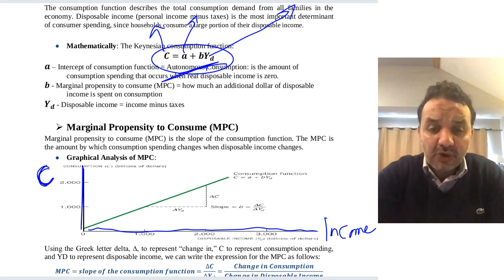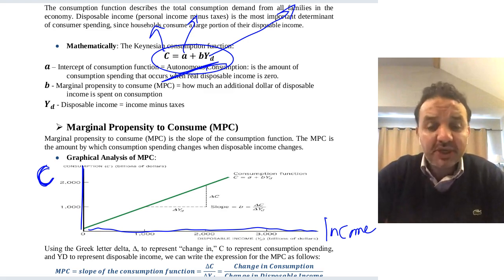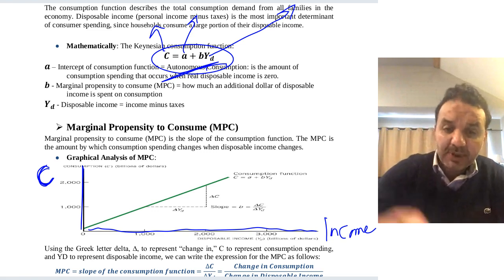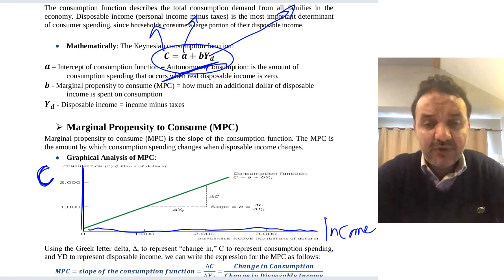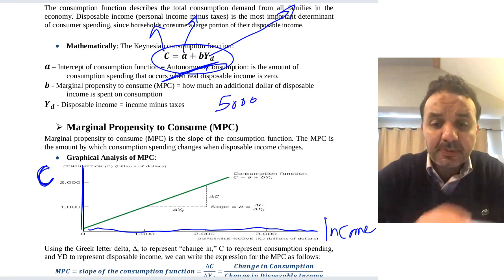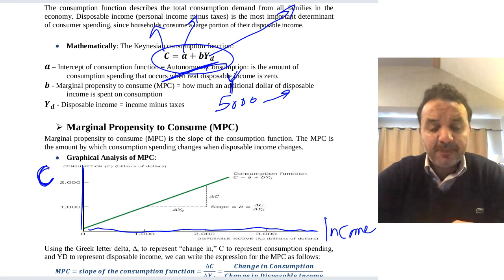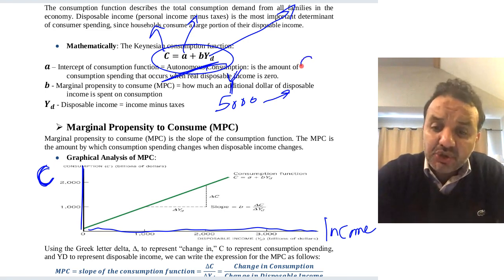According to this formula, the key factor which affects your consumption is your income, which makes sense. Let me give an example. For instance, if you are getting 5,000 from your job, so let's say this is Y. Y here stands for the income. Let's say your total consumption will be 3,000.